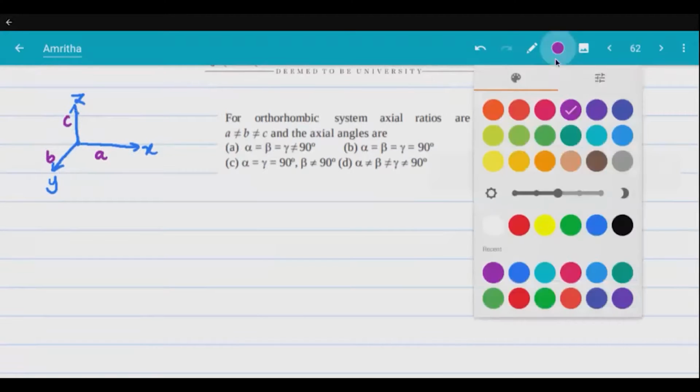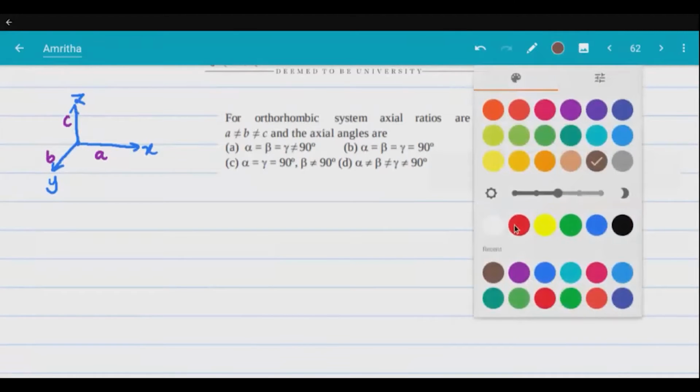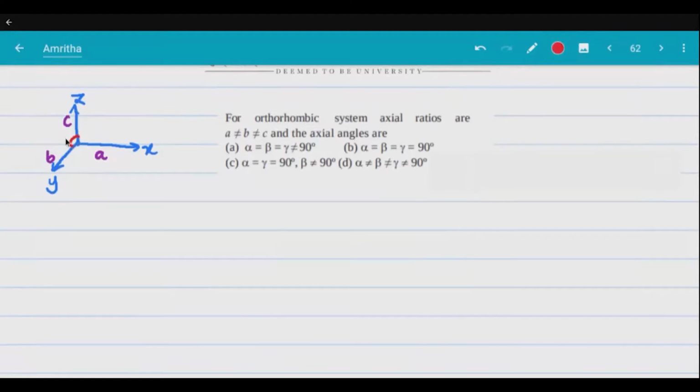The angle opposite to a is alpha, opposite to b is beta, and opposite to c is gamma. That means we should know the lengths along the x, y, z axes and also the angles between the axes.